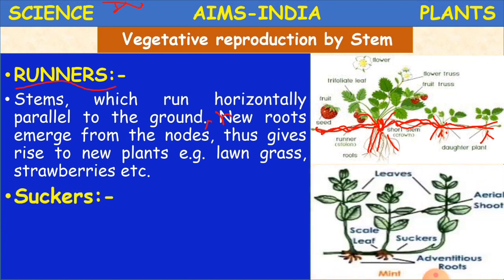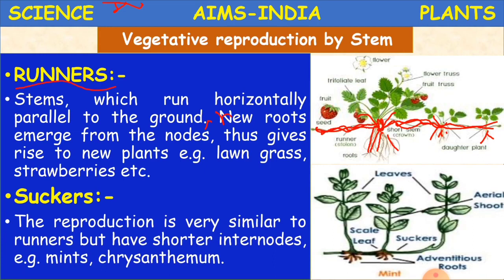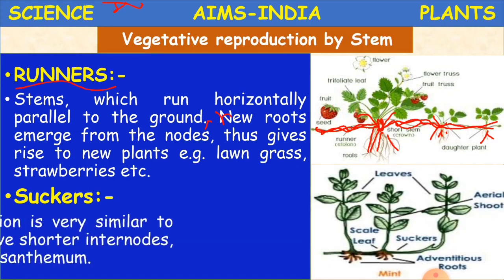Now suckers. What are suckers? Suckers reproduce very similarly to runners but have shorter internodes. Examples: mints, chrysanthemum, etc. It is the same as a runner, it also goes along the ground, but it has shorter internodes.